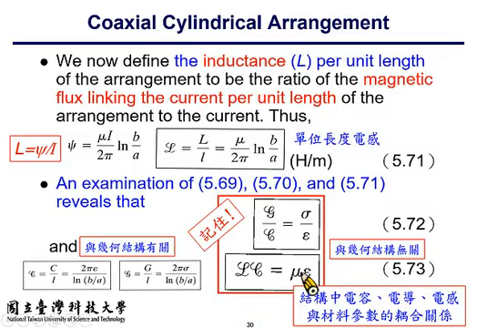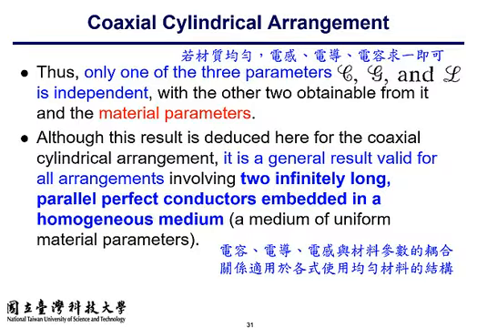conductivity, permittivity, and permeability. So you don't need to calculate all three per unit length parameters. You only need one, and you can use the material property relationship to find the other two. It's a useful result.